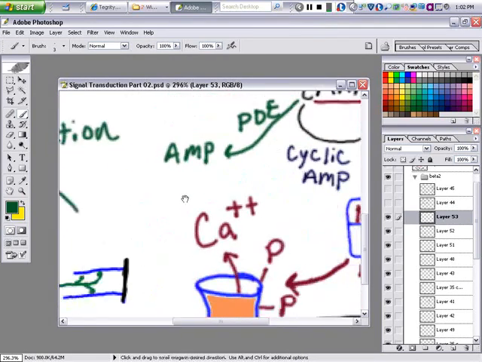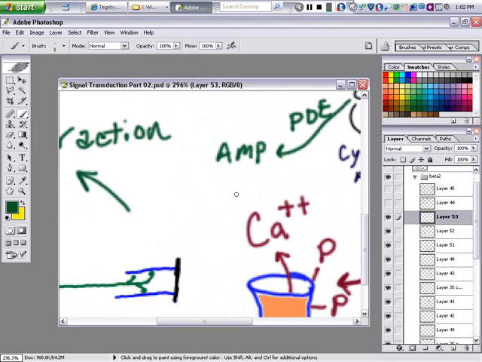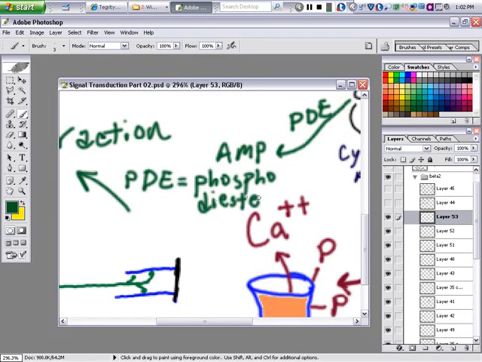Phosphodiesterase. I guess I should write the name here. Let's put it right here. PDE equals phosphodiesterase.